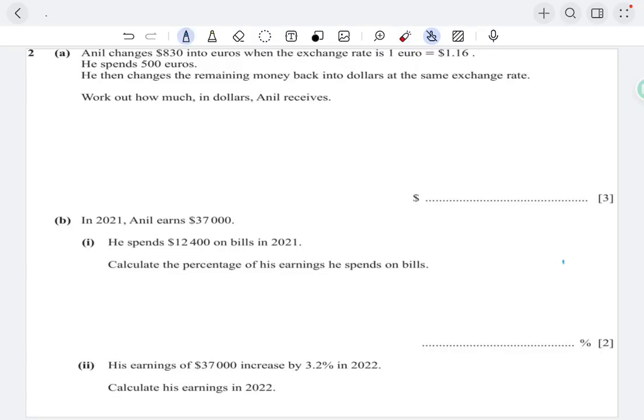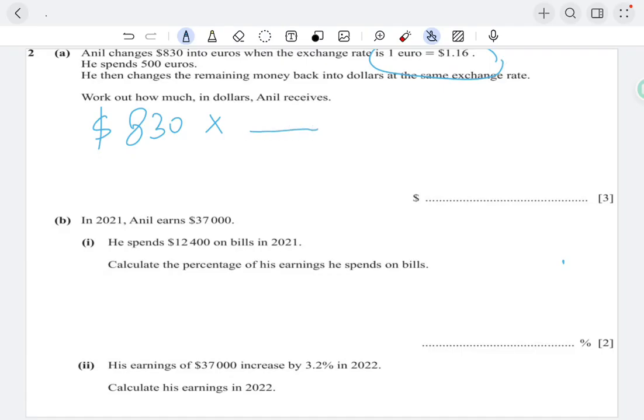I always put the money that I want to change, which is $830. Then I multiply by what I call the conversion factor. I'm going to put it here as a fraction.